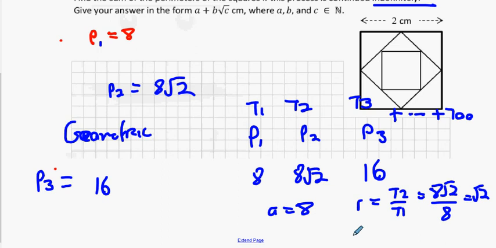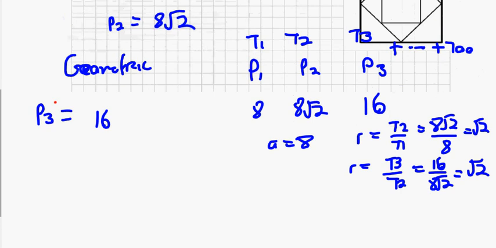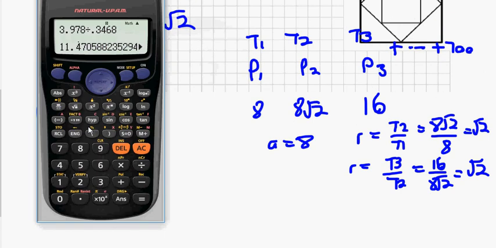Or R equals T3 over T2, which is 16 over 8 root 2, which once again should equal root 2. In the calculator, root 2 is 1.414. 16 divided by 8 root 2 is exactly the same thing, 1.41.